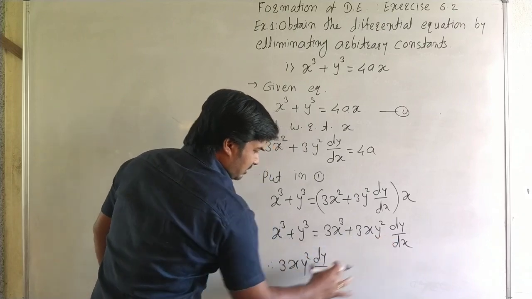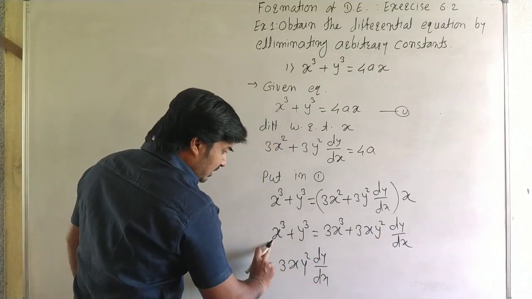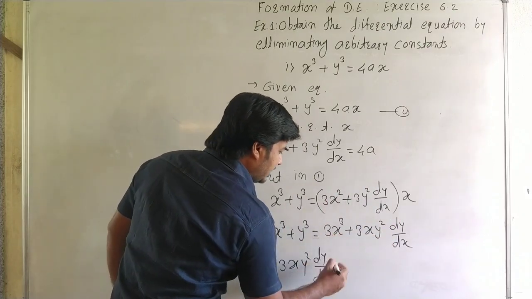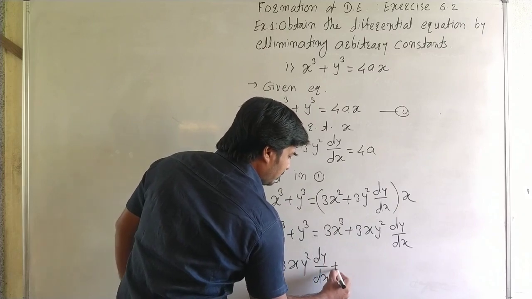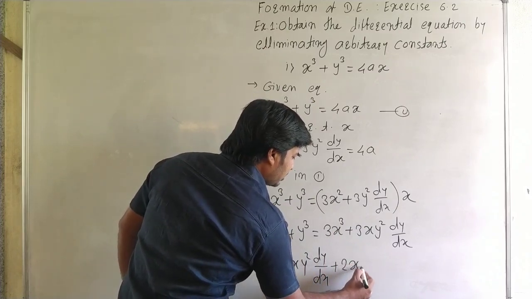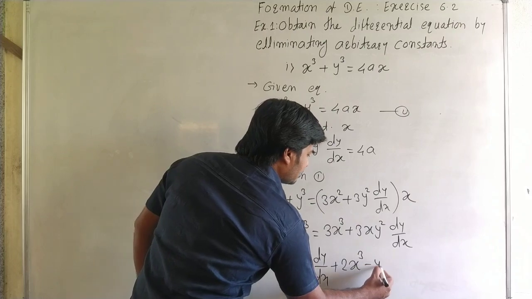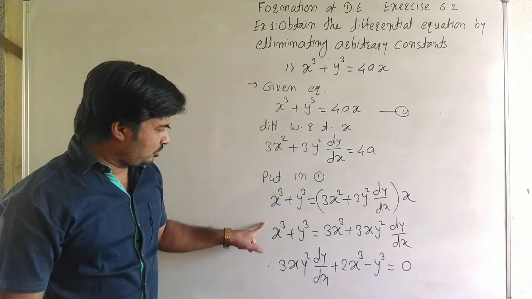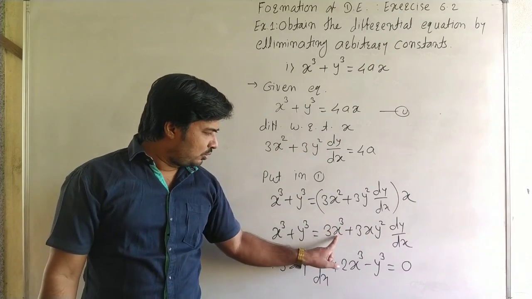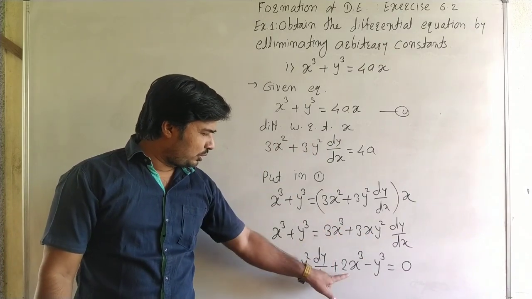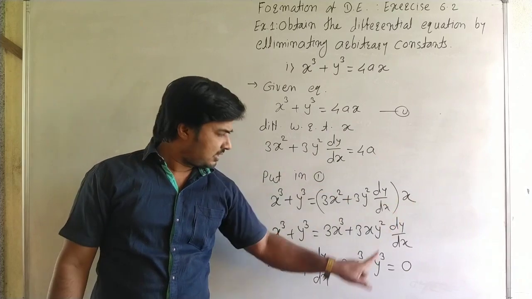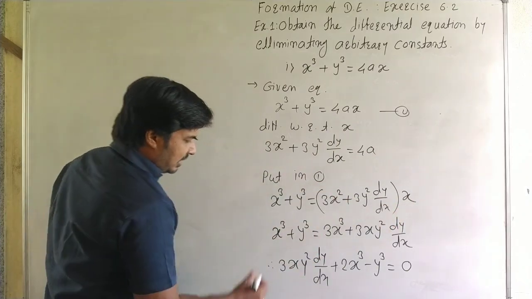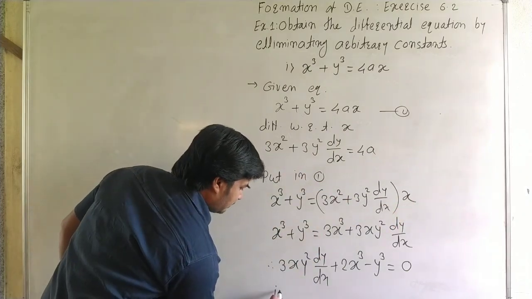Now x cube, here it is minus x cube. Therefore plus 2x cube minus y cube is equal to 0. For x cube, 3x cube minus x cube is 2x cube. For y cube, here it is minus, so minus y cube. This is the required differential equation.